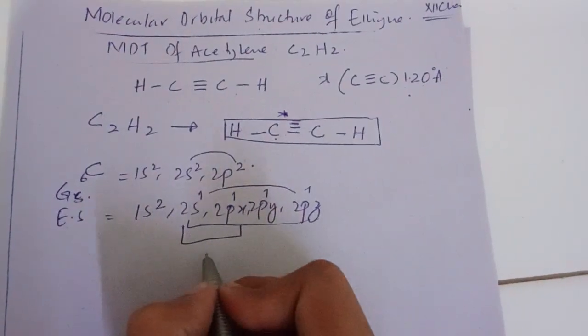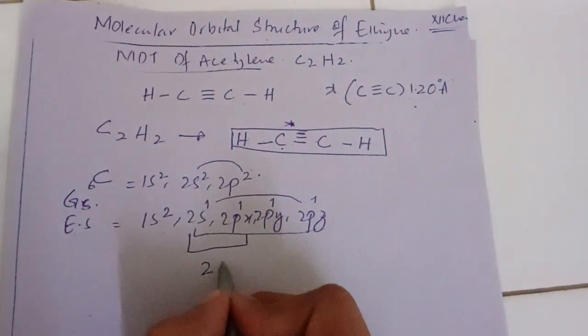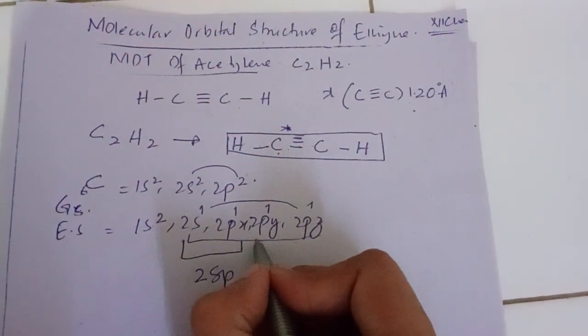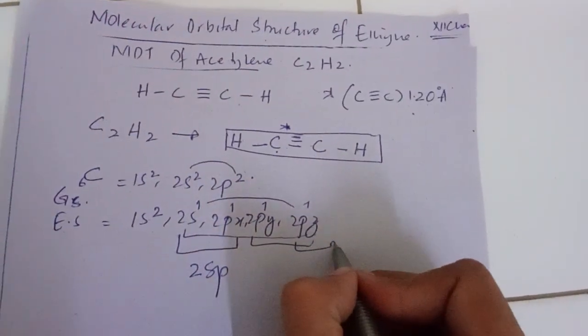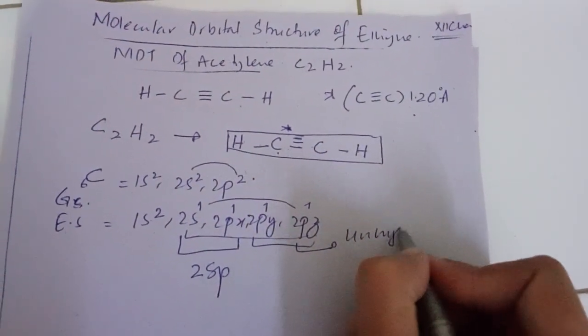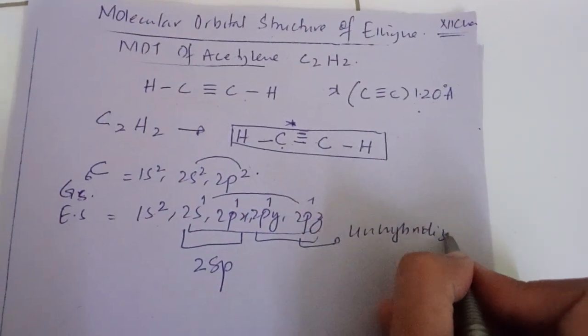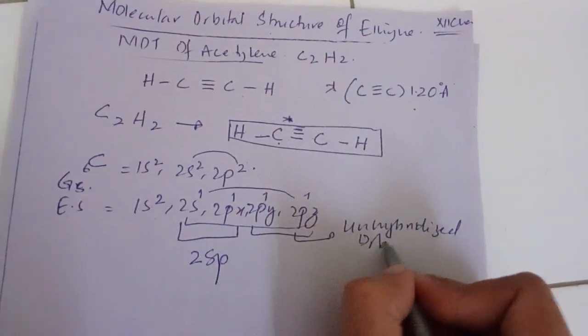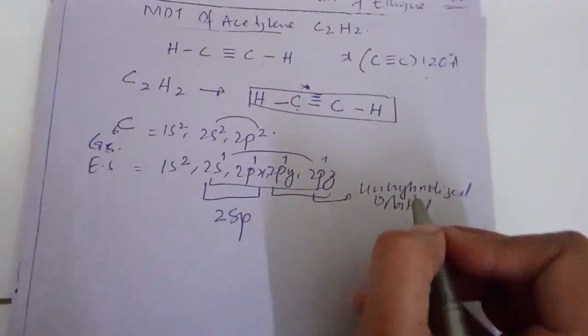One s and one p will combine to give 2 sp hybrid orbitals, while 2py and 2pz will be unhybridized orbitals, meaning they are not undergoing the hybridization process.